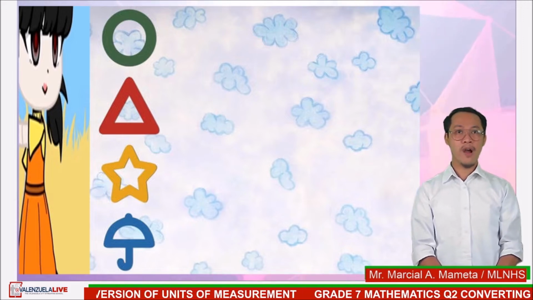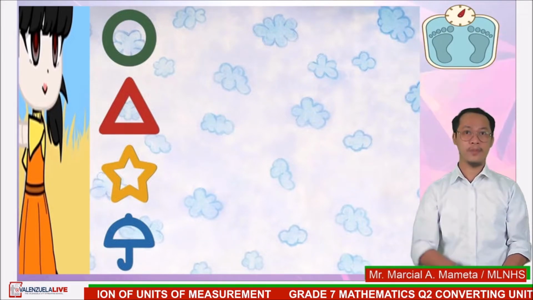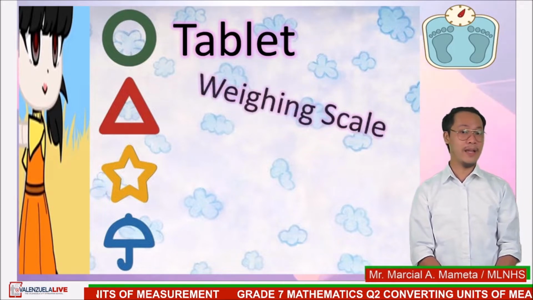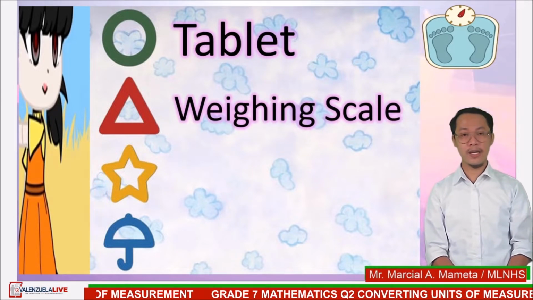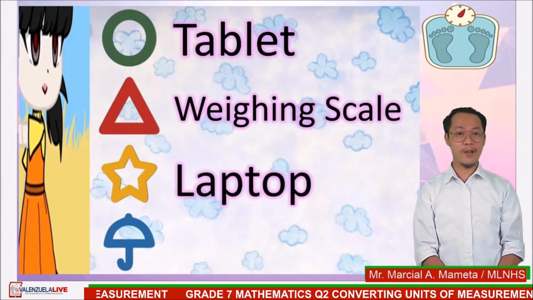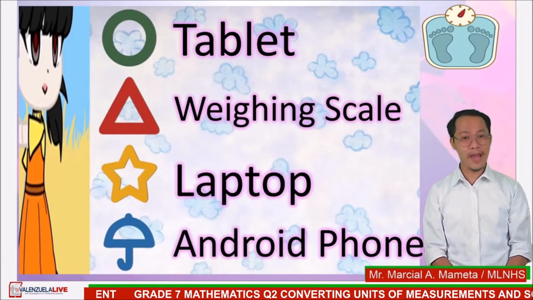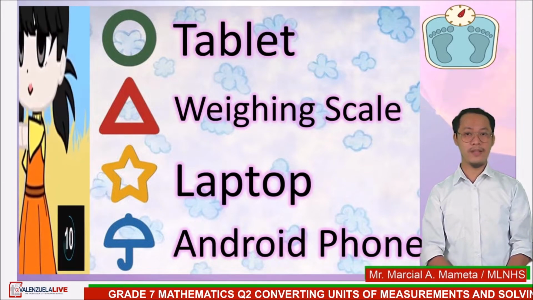So now, our object is this one. Circle if it is a tablet. Triangle if it is a weighing scale. Store if it is a laptop. And umbrella if it is an example of an Android phone. 10 seconds.